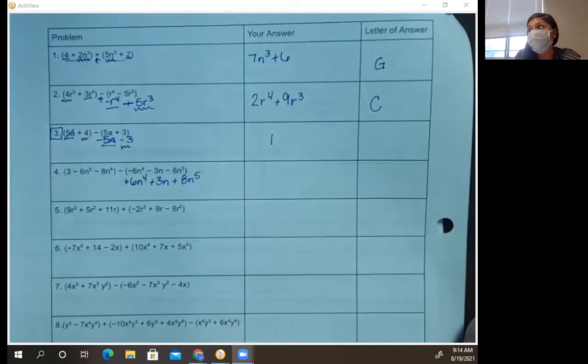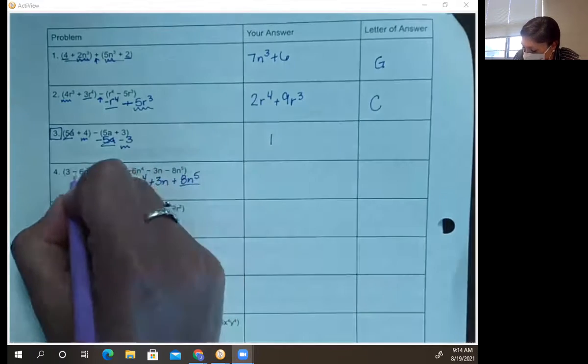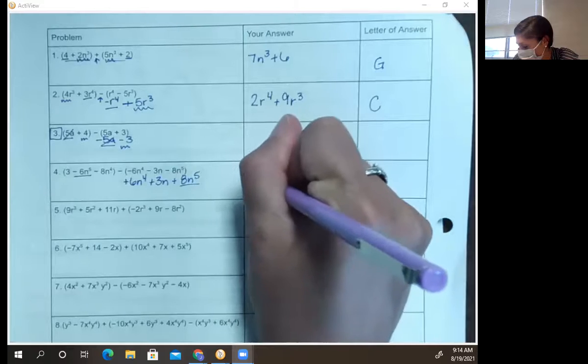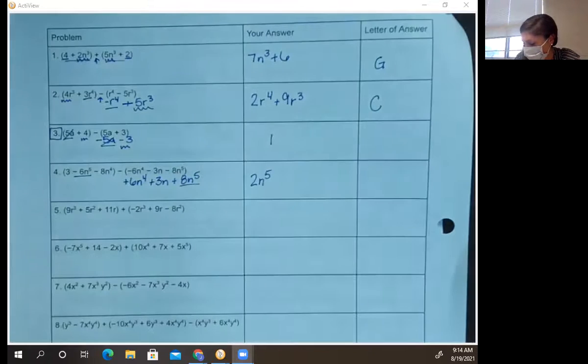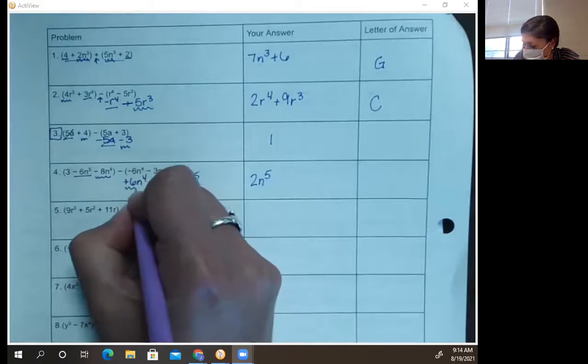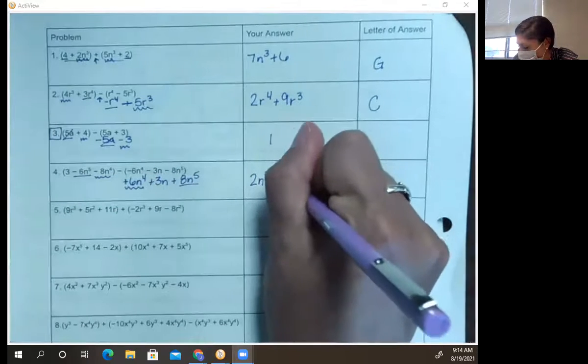And now I'm going to combine my like terms. So 8n to the 5th minus 6n to the 5th would give me 2n to the 5th. Negative 8n to the 4th plus 6n to the 4th would be negative 2n to the 4th.